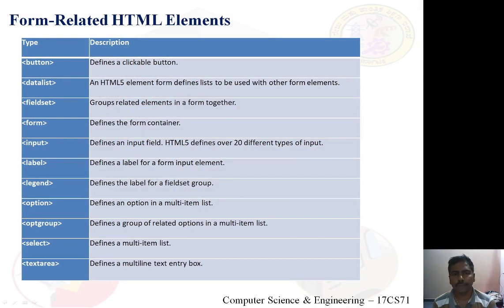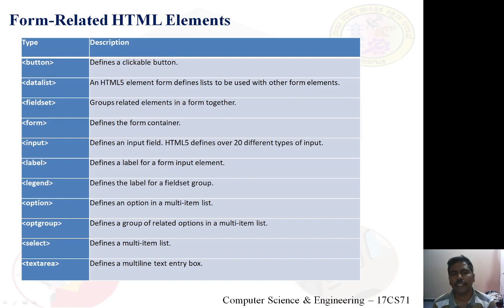So now coming to form related HTML elements, these are some of the form related HTML elements. The first among these is what is known as button. As the name itself says, it defines a clickable button. When you click on it, what action is to be done needs to be defined.